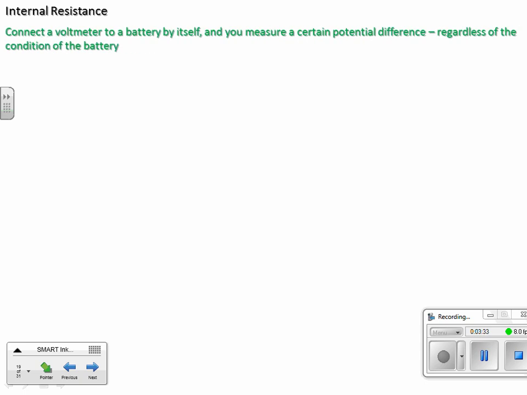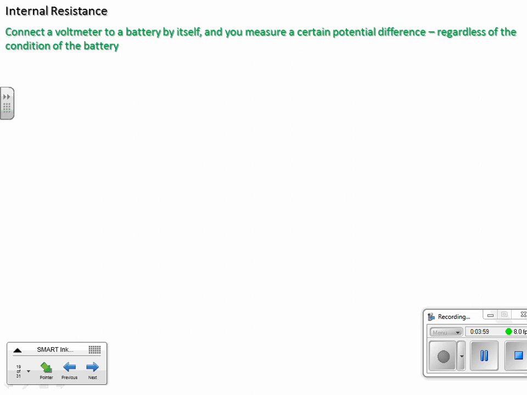I take a little cell out of my desk drawer, and I hook it up to a voltmeter, and it's going to read 1.5 volts. That's the potential difference of a brand new AA or AAA or C, or D, I think. They're all 1.5 volt cells.